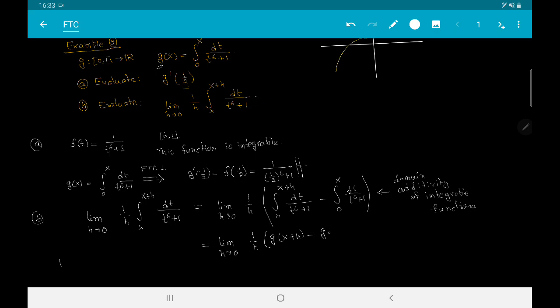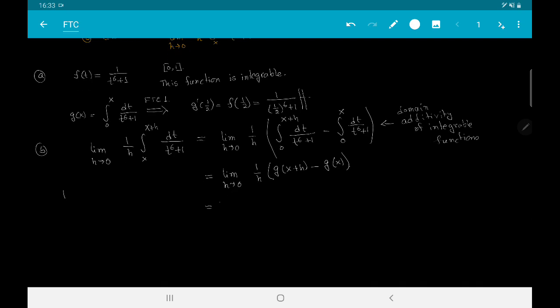So we know from differential calculus that this limit is exactly equal to g prime of x. What is g prime of x? By fundamental theorem of calculus, by FTC part 1, this is equal to f of x. And what is f of x? This is nothing but 1 by x to the power 6 plus 1.